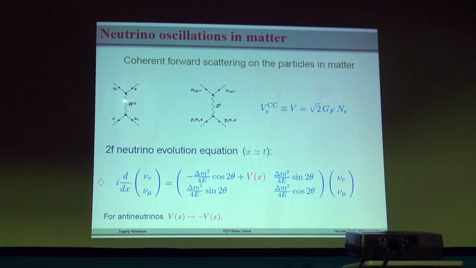And in the first interaction, only electron neutrinos can participate. This is simply because there are no muons or charged tau leptons in normal matter. By the way, the situation in a supernova can be quite different, but I'm not talking about supernovae. So these are the interactions which can give rise to the potential for neutrinos in matter.